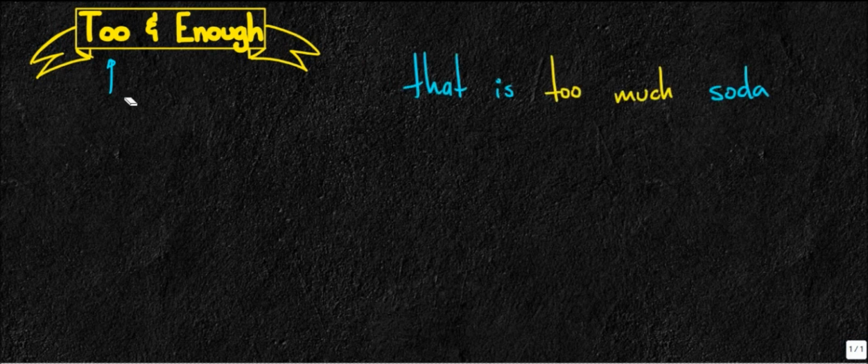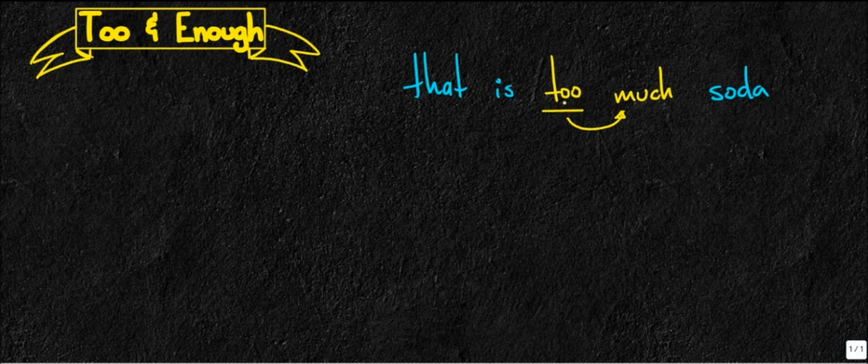Okay? And so you'll notice that what "too" does is that when you combine it with an adjective or with an adverb, which is what we're doing in this case, "much" is an adverb, it transforms whatever adjective or adverb you're using into a problem. All right.